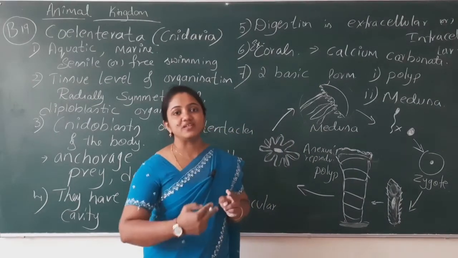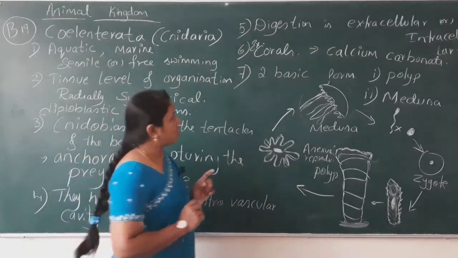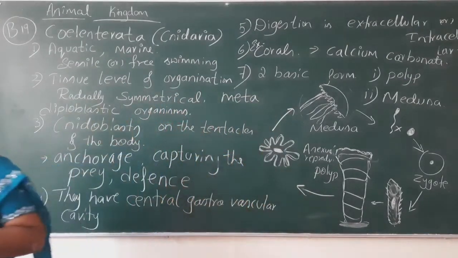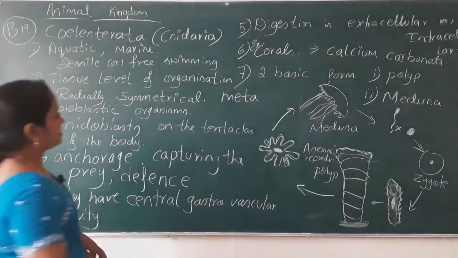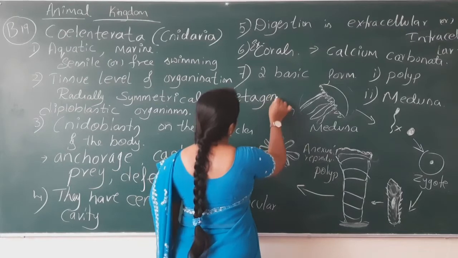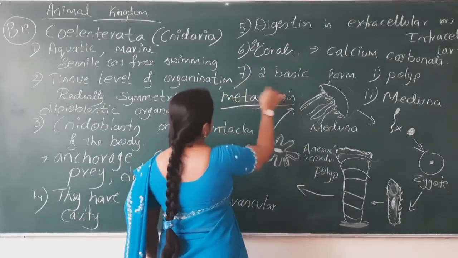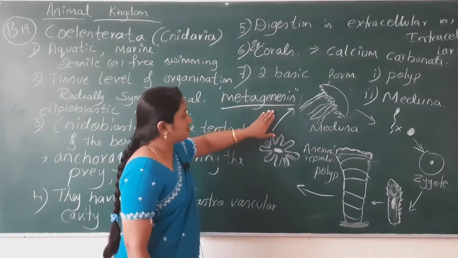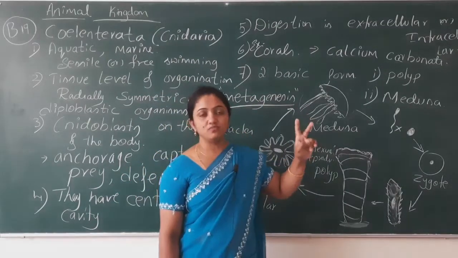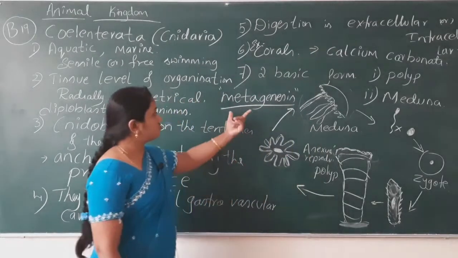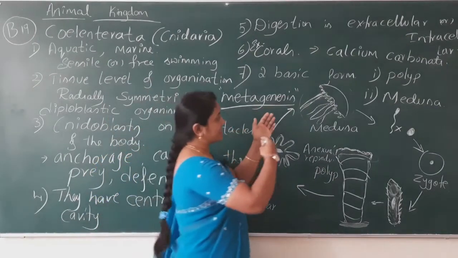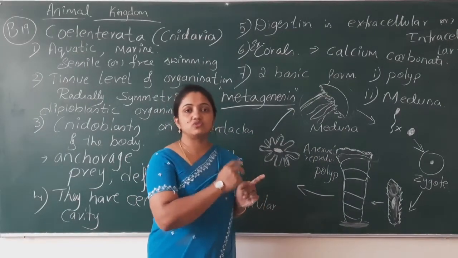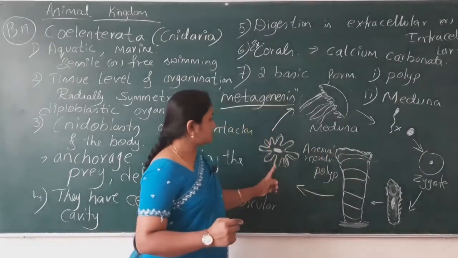This alternation of generation seen in one organism is known as metagenesis, not morphosis, metagenesis. If you didn't get this point, just ask me one more time. So metagenesis, the formation of two forms in one life cycle, we can also call alternation of generation.